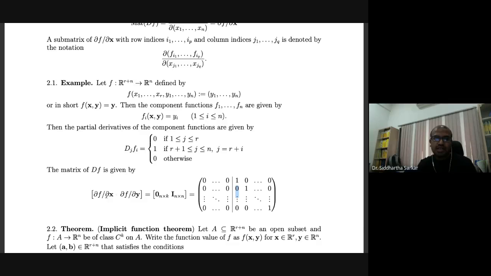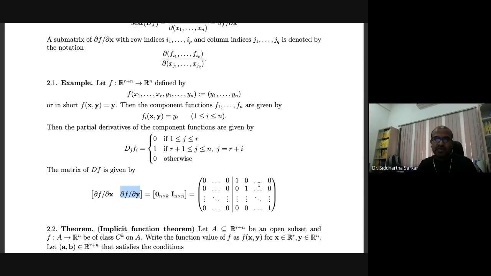So here x would mean the components x1, x2, ..., xr variables. So del f, if you partially differentiate with respect to only x1, x2, ..., xr, you get the zero submatrix of size n cross k. And if you partially differentiate with respect to the y variables, you get an identity matrix.